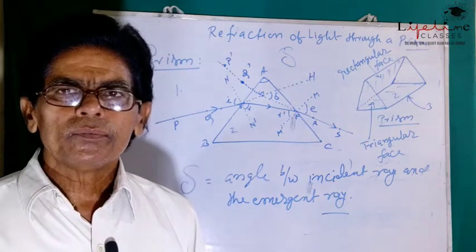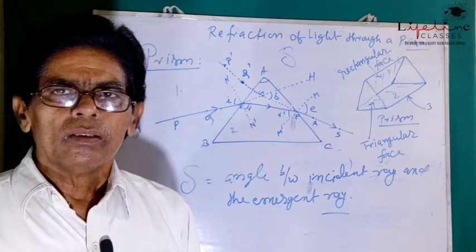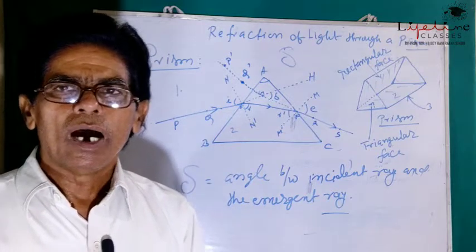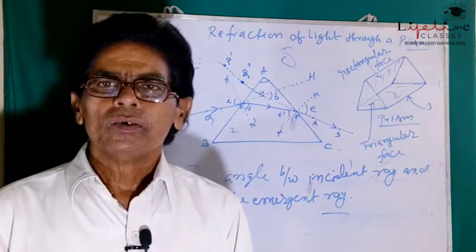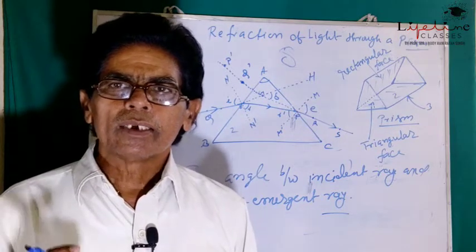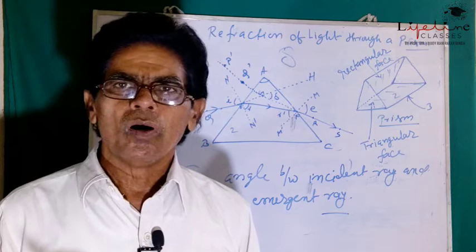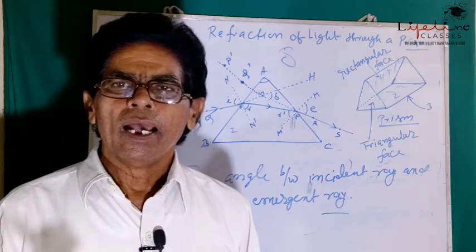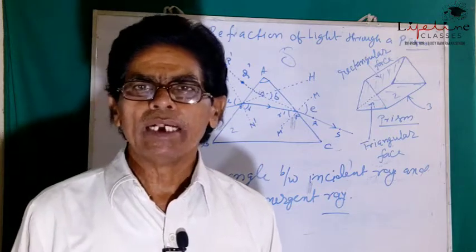Wavelength of light and angle of deviation are correlated inversely, meaning the greater the wavelength of light, the smaller the angle of deviation of the light.